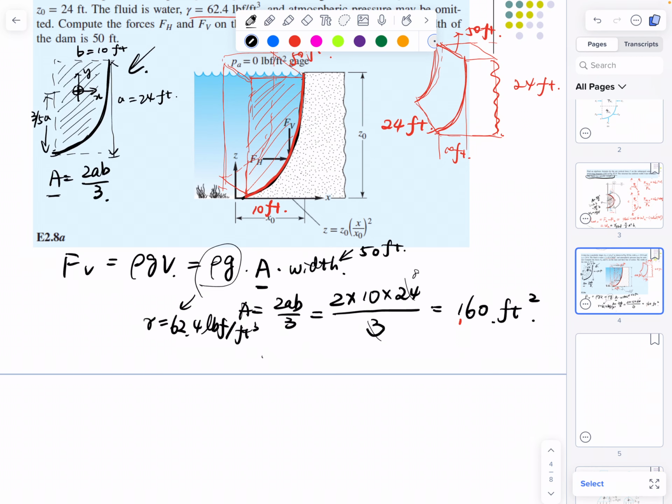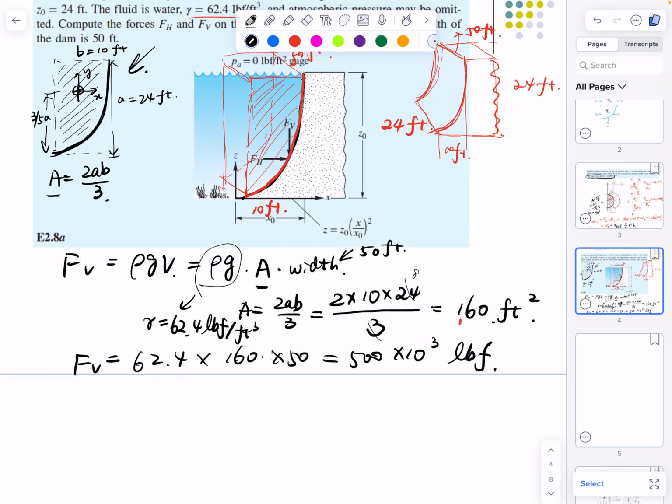So we can plug everything in. We have FV equals 62.4, the gamma, multiplied by 160, this is the A we calculated, multiplied by 50. And it's around 500 multiplied by 10 to the 3 pound force. That's the vertical force.